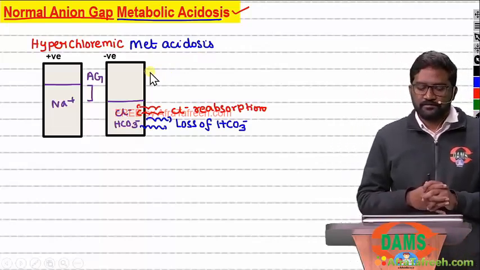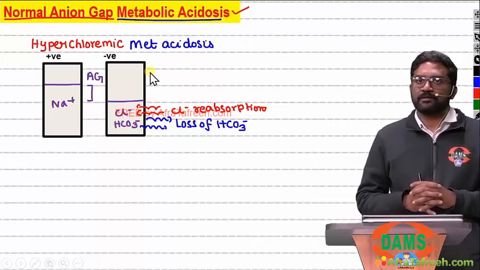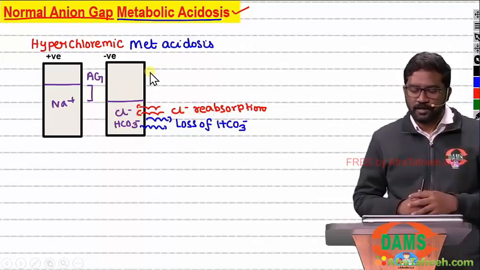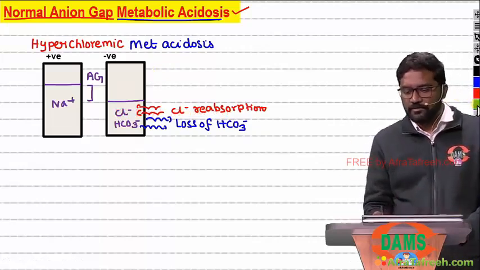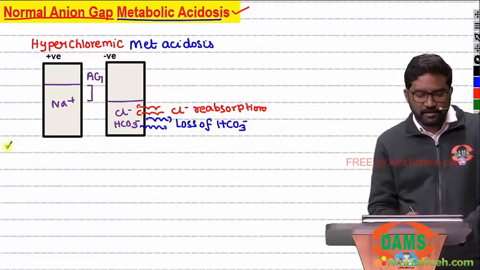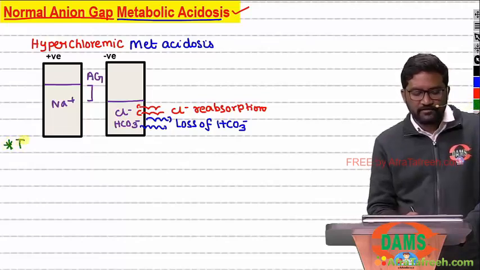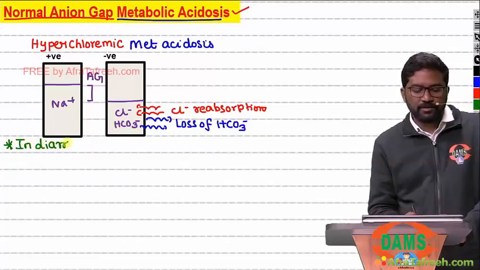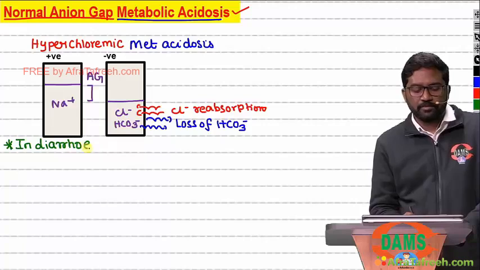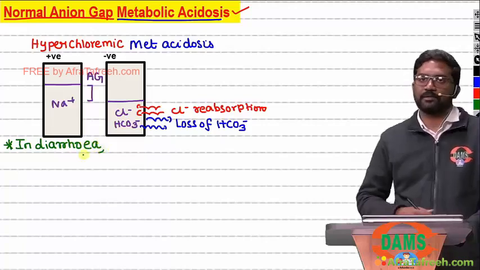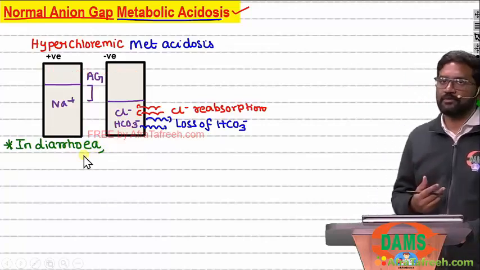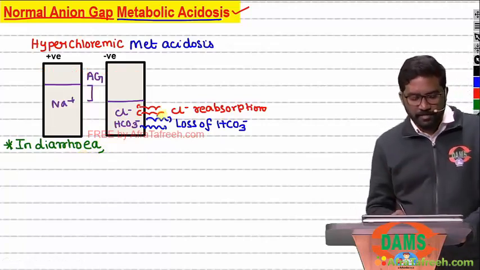Now what are the situations where bicarbonate can be lost from your body? So very common situation, everybody must have experienced diarrhea. You must be knowing your lower GIT is pooled with bicarbonate, and the source of bicarbonate is from the pancreas.